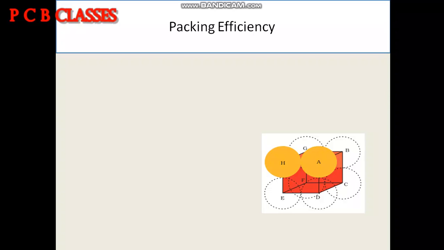While in case of hexagonal close packing, we have taken less space, and this is the more efficient packing. So in simple terms, the packing efficiency means how much space you have occupied in providing the packing.